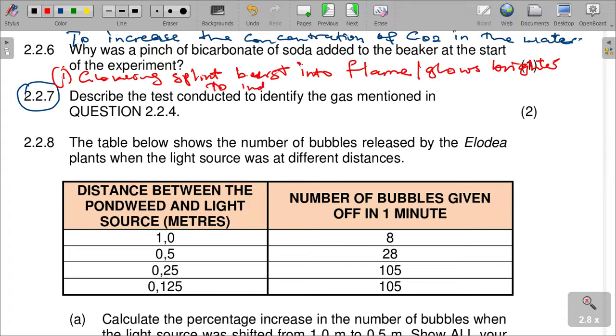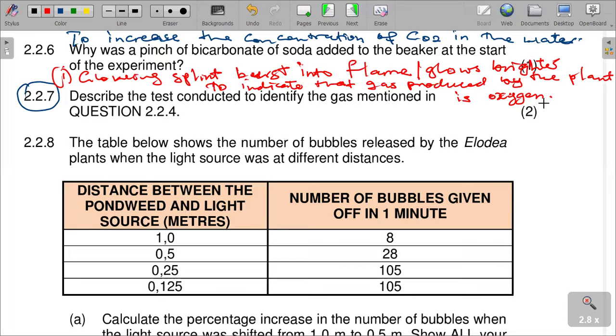It glows brighter to indicate that the gas produced by the plant is oxygen.